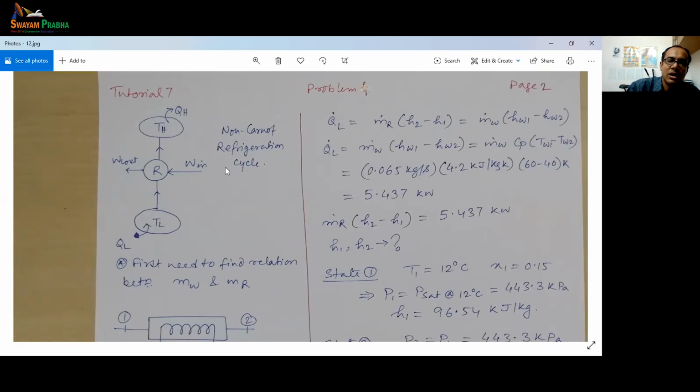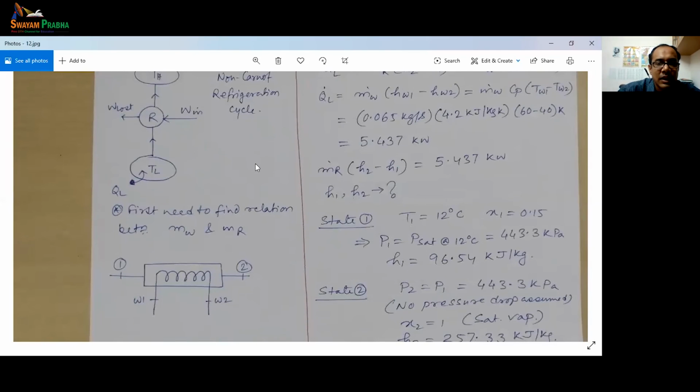So this is a non-Carnot refrigeration cycle. If it is Carnot refrigeration cycle, then we can assume that there is no work lost and these temperatures can also give you the COP.